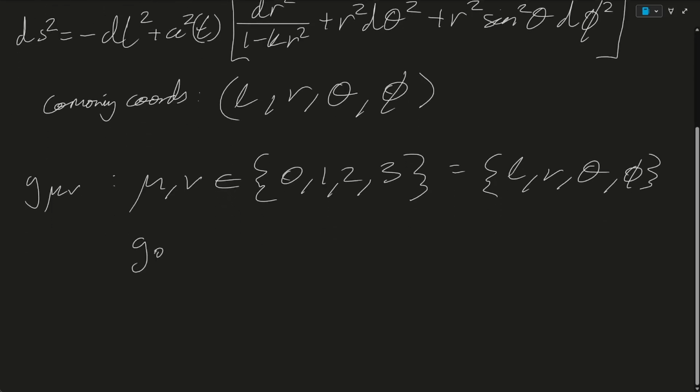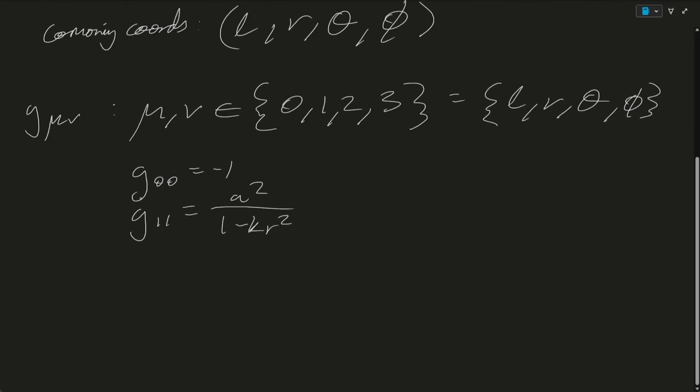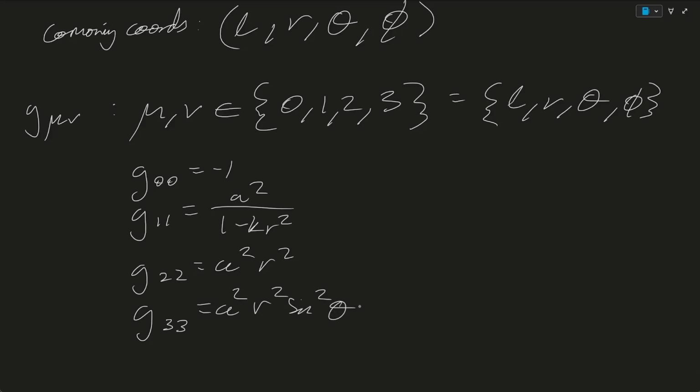So we have g00 equal to -1, g11 equal to a squared over 1 minus k r squared, g22 equal to a squared r squared, and g33 equal to a squared r squared sine squared theta.